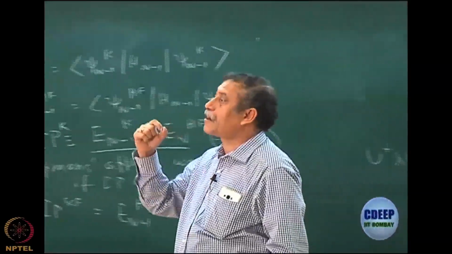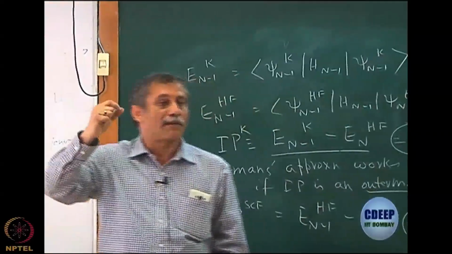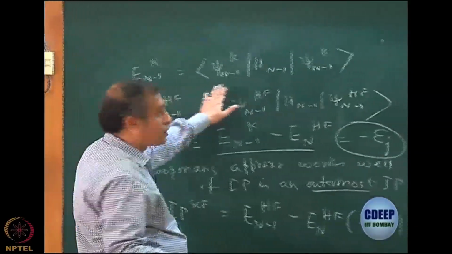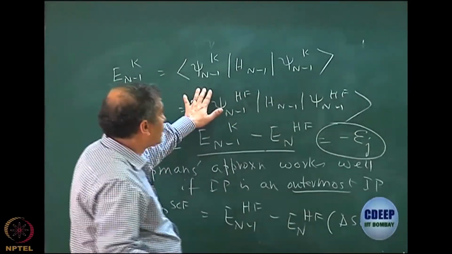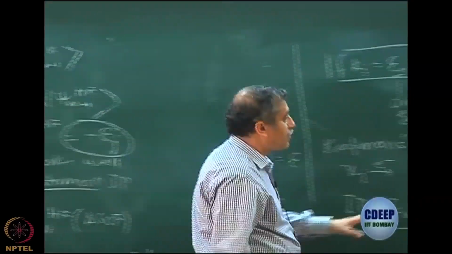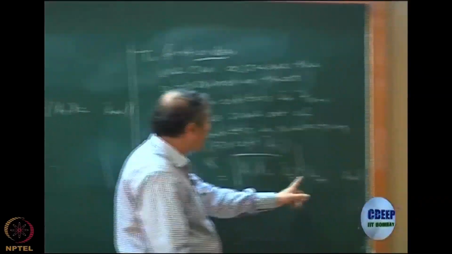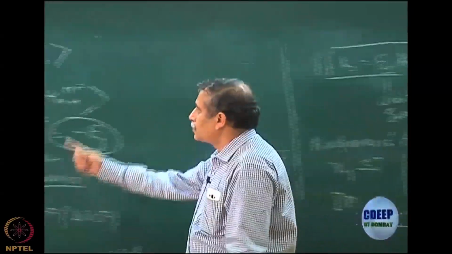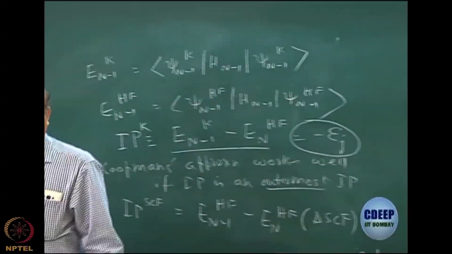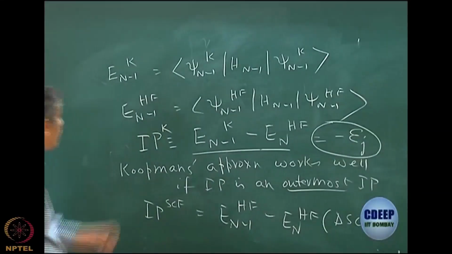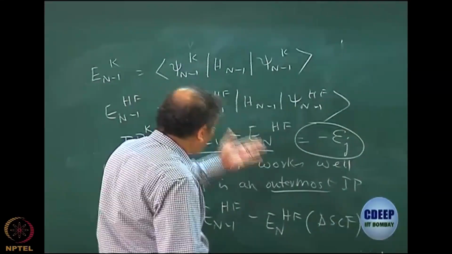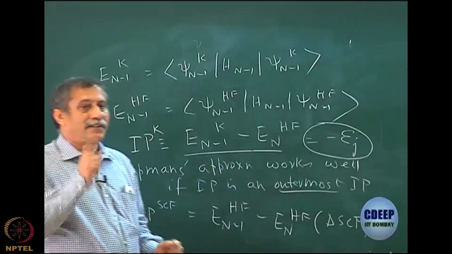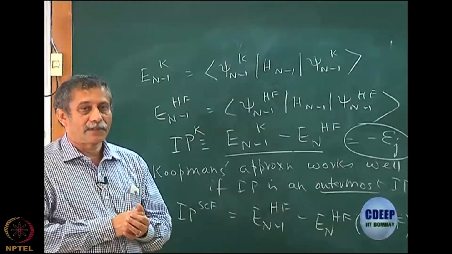When I am saying one electron from chi j, it means one spin orbital is now vacant. Then this will become my E n minus 1 Koopmans, where psi n minus 1 Koopmans has all the n minus 1 spin orbitals of Hartree-Fock except chi j. This is vacant. Then use Slater rules for this, for the n minus 1 problem. Use Slater rules for this E n Hartree-Fock, which is already known to you, and just show that the residue is minus epsilon j.